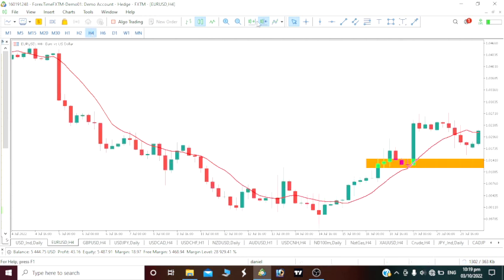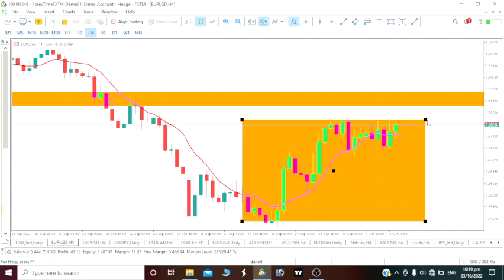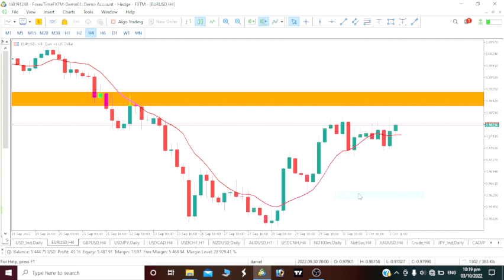Now take a look at it on this 4-hour time frame, which still indicates we are on a bullish move, and it is still above the 10-period moving average. So basically we can take this as an impulse move upward, a correction, an impulse move again, and a correction, which I'll be taking right here.